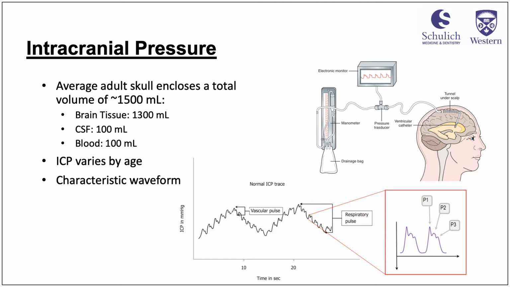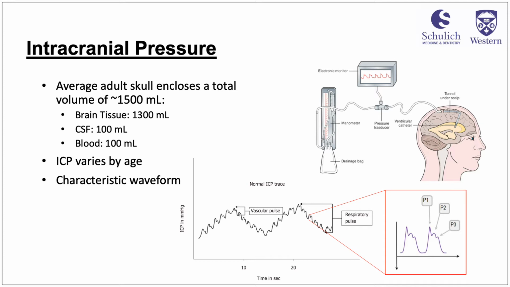Within each of these pulse variations, you can actually further break it down, and this is where we get the P1, P2, and P3 components. The P1 is thought to be the actual arterial pulsation. The P2 is thought to be a representation of intracranial compliance. Generally, it's lower than P1, and then P3.